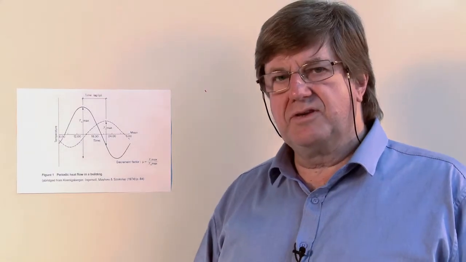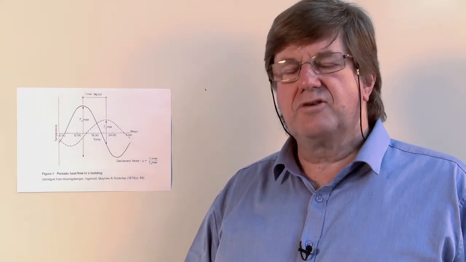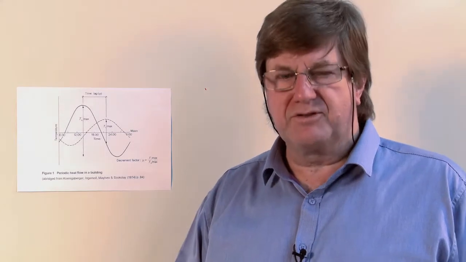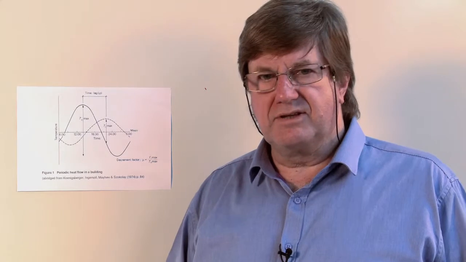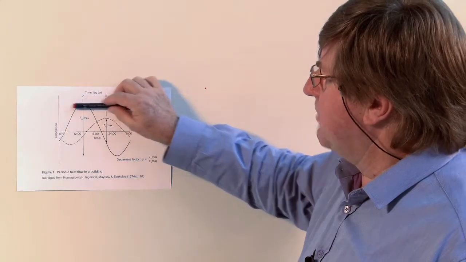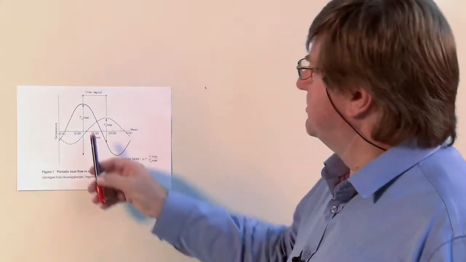Now, the reason why this is important is we want to design our buildings so that we are adequate and we feel comfortable internally. At the middle of the day, when the outside air temperature, let's say, might be 40 degrees, we want to feel comfortable.